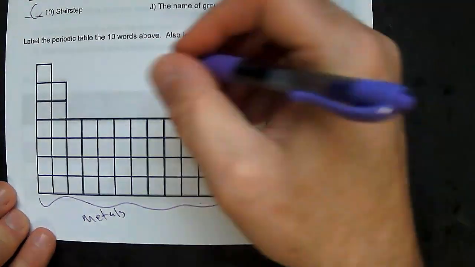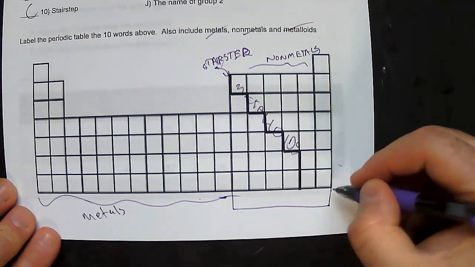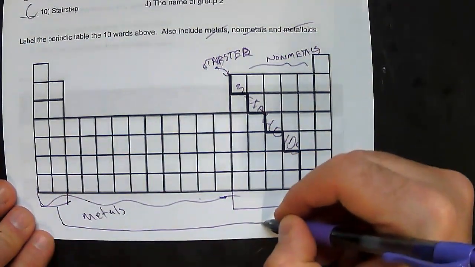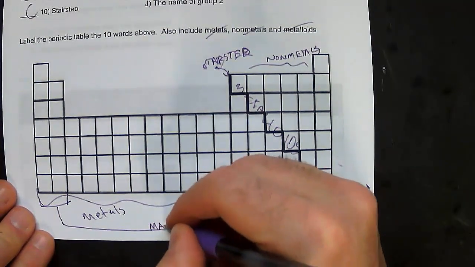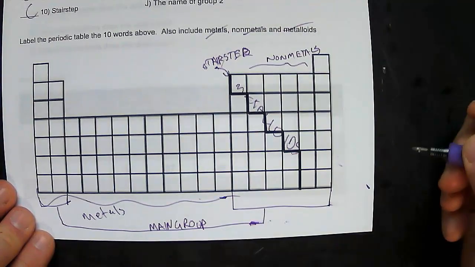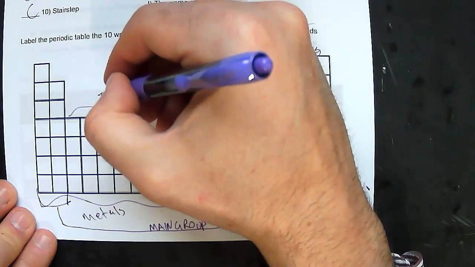The main group is this and this here. So this is the main group. It's hard to do that one, but it's fine. These guys here are the transition metals.